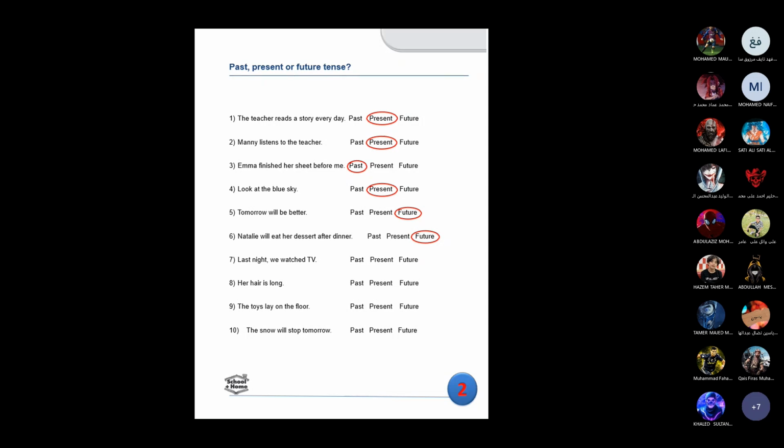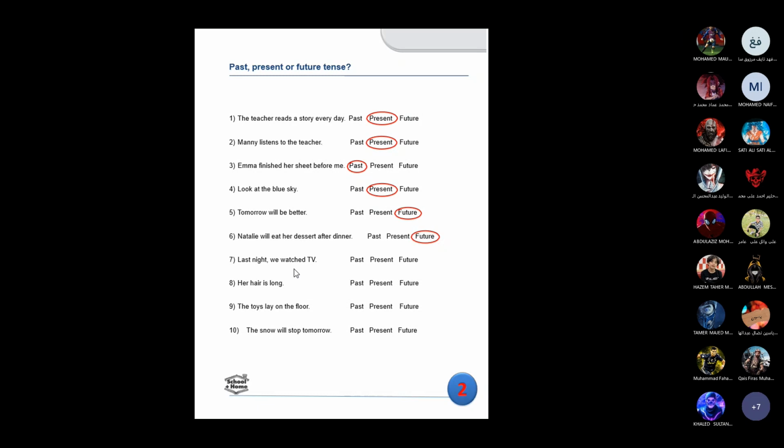Speak up. Not last. I'm asking you about the verb. Not night. Watched. Yes, the verb is watched.